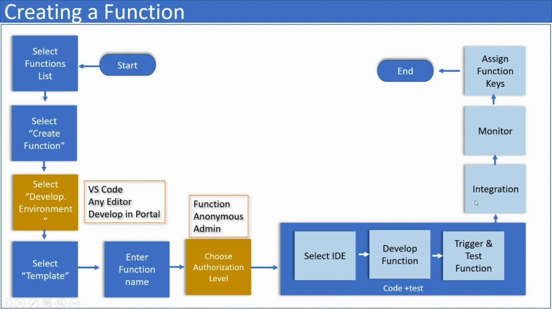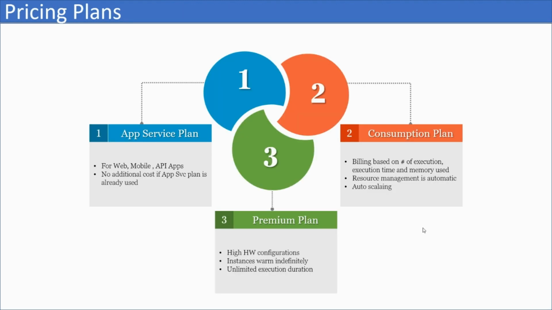It can be integrated with a web API or with many other applications. You can monitor an Azure function's performance using various monitoring mechanisms, and also you can assign function keys to Azure functions. That's it.